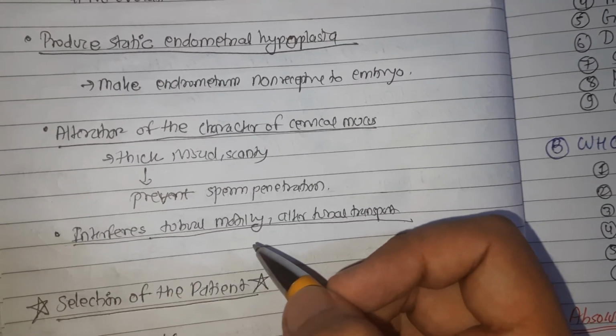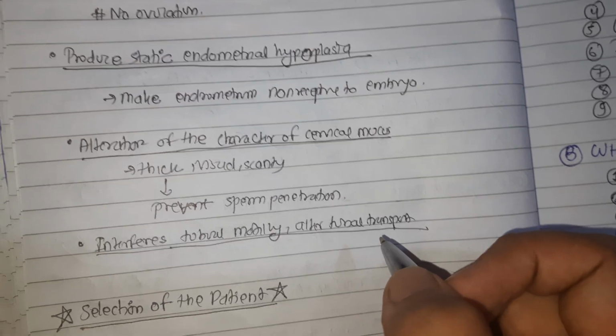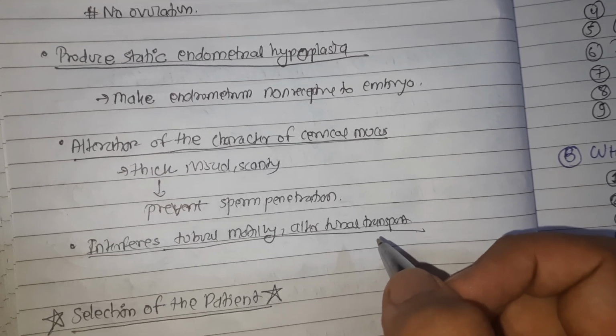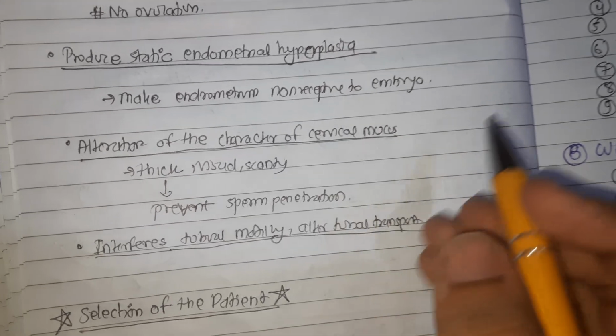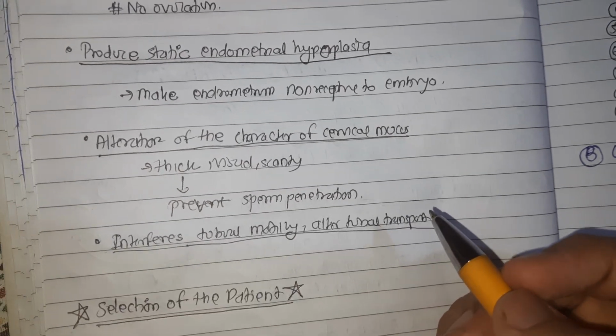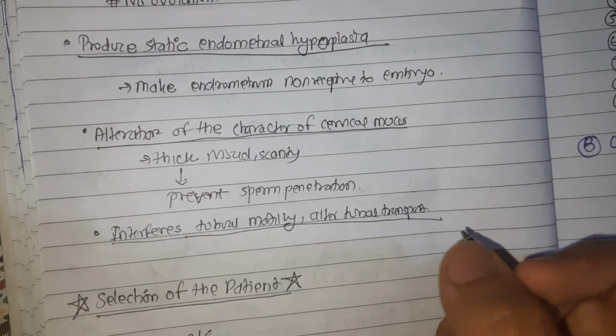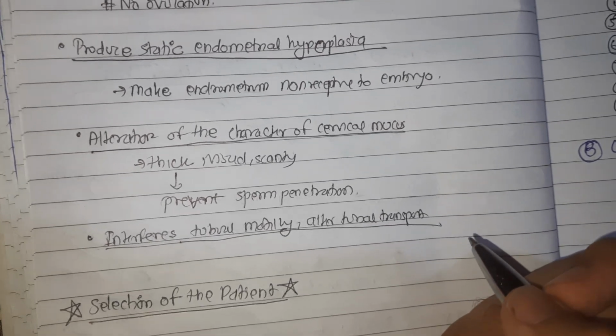Also, they probably interfere with tubal motility and alter tubal transfer. Thus, even if accidental breakthrough ovulation occurs, other mechanisms prevent conception. The estrogen inhibits the rise of follicle stimulating hormone and prevents follicular growth. It is also useful for better cycle control and to prevent breakthrough bleeding.